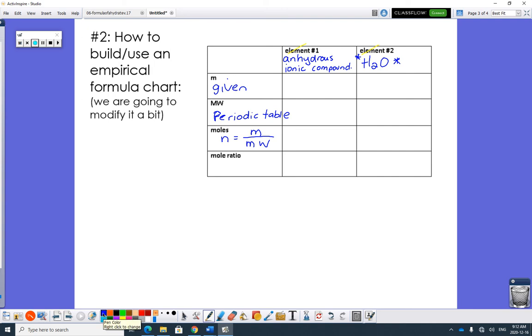There will only ever be two columns. One of them is always water, and then the other one is whatever the formula is, and you'll be given it. So the example we just did, so you know what the anhydrous is, we're going to find how many waters.